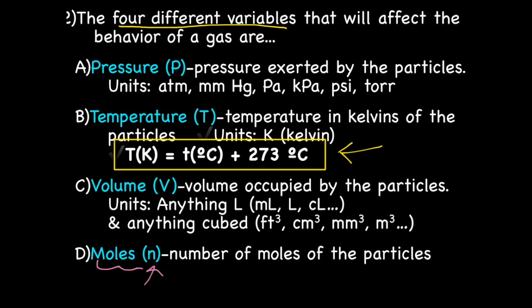So of the four, we'll be spending most time with pressure, temperature, and volume, and today we'll be dealing with temperature and volume. Okay, so those are the four variables of gases. Once again, you need to know the names: pressure, temperature, volume, and moles. You need to know the abbreviations P, T, V, and N, and you need to be familiar with the units, okay?